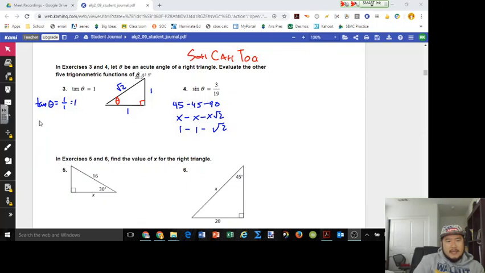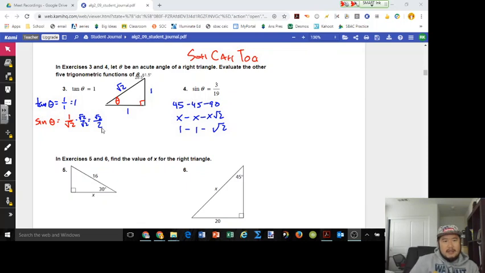Let's figure out sine theta. Remember, sine is opposite over hypotenuse, which happens to be 1 over rad 2. And hopefully you remember that we can't have our answer like this, so we'll have to go ahead and rationalize it. So let's rationalize our denominator. We'll multiply top and bottom by rad 2, and we're going to end up with rad 2 over 2.